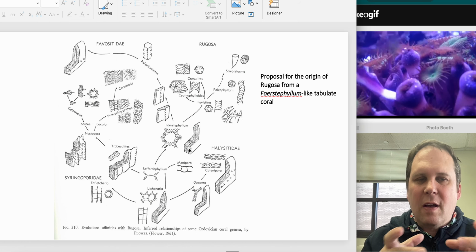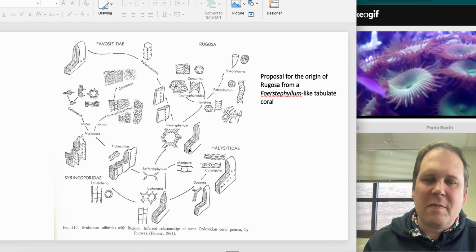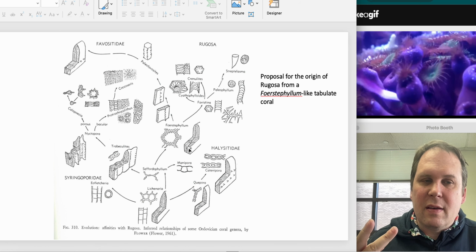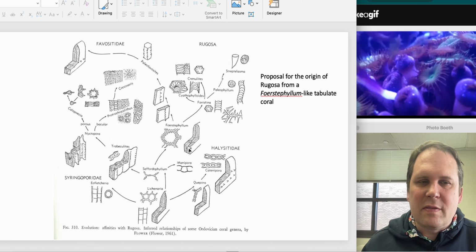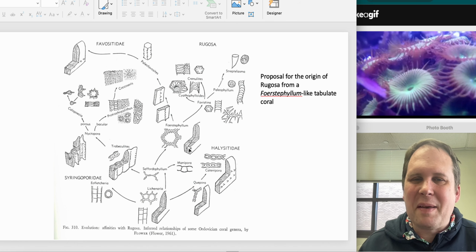So the soft parts of a tabulate coral may be quite similar to the soft parts of a rugose coral, and these are both versions of tetracorals. So why shouldn't they be similar? They're just the dominant ones at the time.